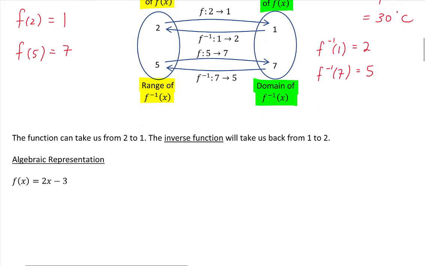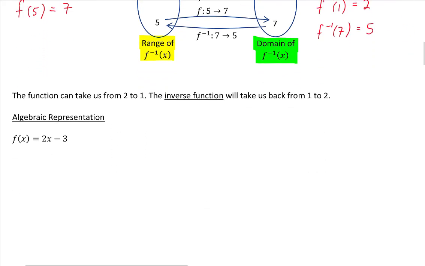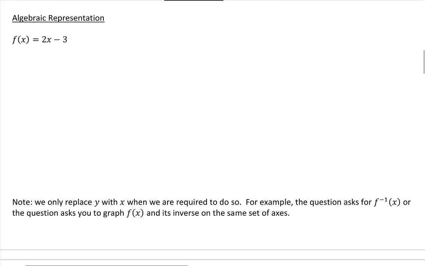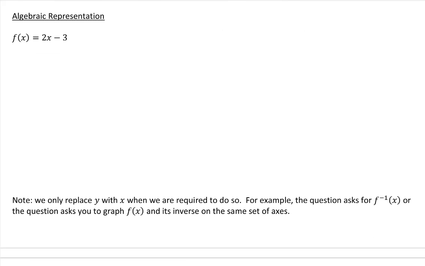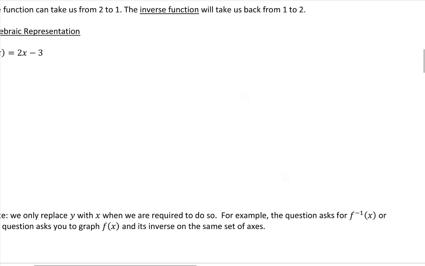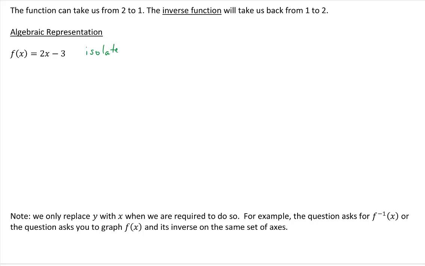So let's take a look at how to solve these algebraically. If I want to determine the inverse of f of x is equal to 2x minus 3, same as our Celsius to Fahrenheit, Fahrenheit to Celsius formula, I need to isolate for the second variable. So I need to isolate for x. I would recommend you change the f of x into a y.